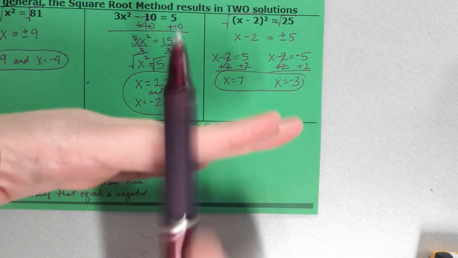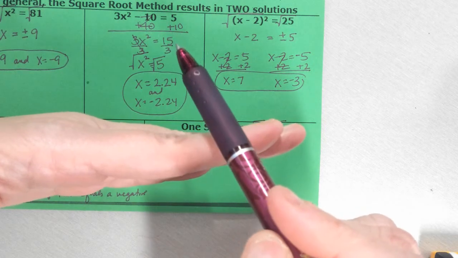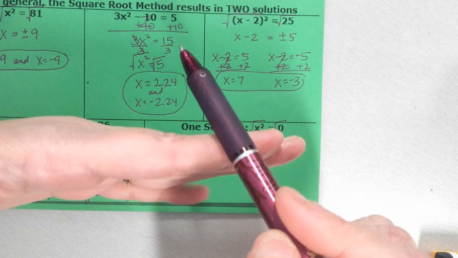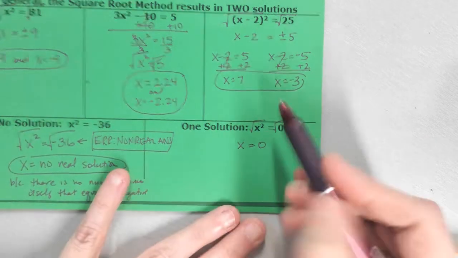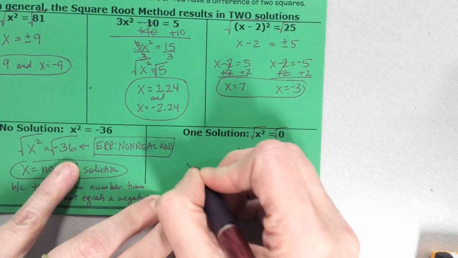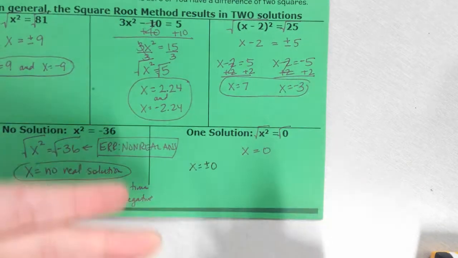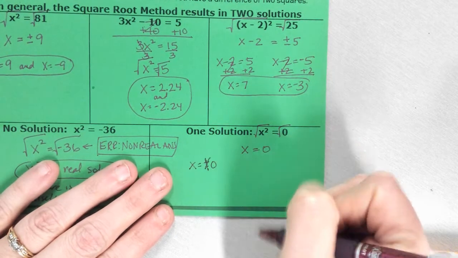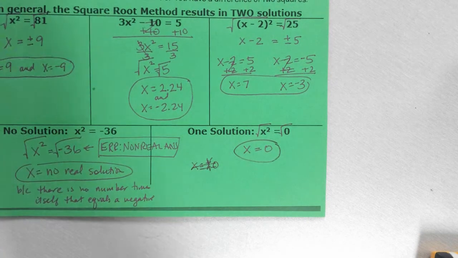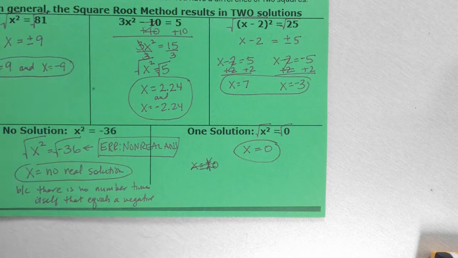So if I have a point at 0, 4, it's not in the first or second quadrant because it's not in a quadrant at all because 0 has no sign. Well, it's the same thing here. I can't say x is positive and negative 0, there's no such thing as positive and negative 0. So the only thing is 0. So that's the only situation where I would get one solution. To my knowledge, I could be wrong. It wouldn't be the first time.